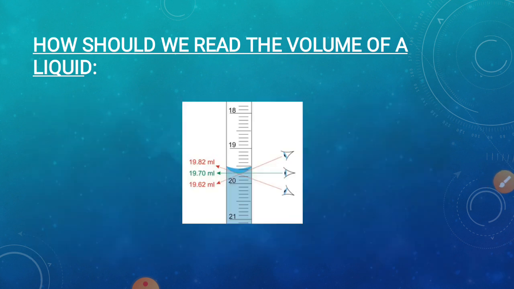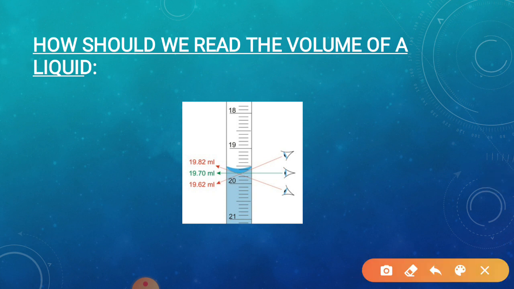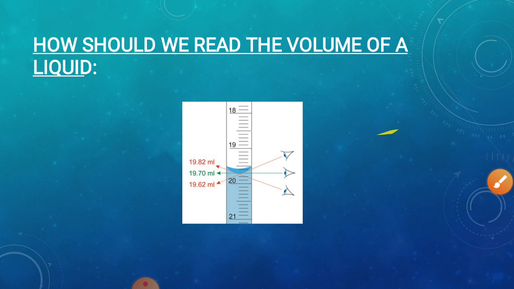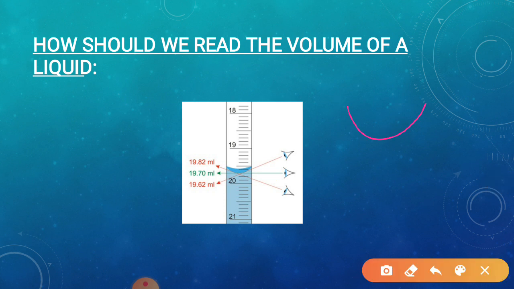Let's do an example. In this picture, you can see that the liquid is making a concave meniscus. The shape of concave is like this. So how can you read the burette or pipette reading?